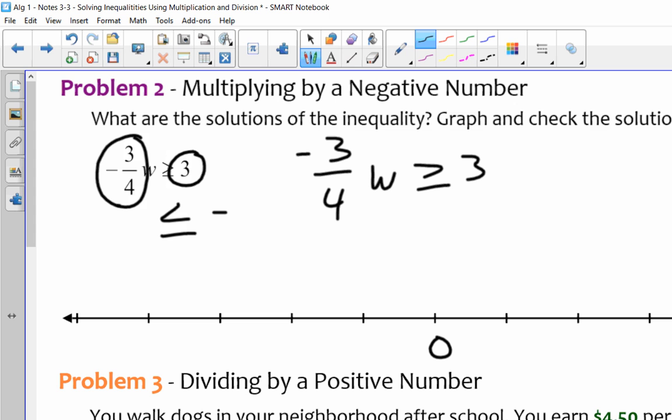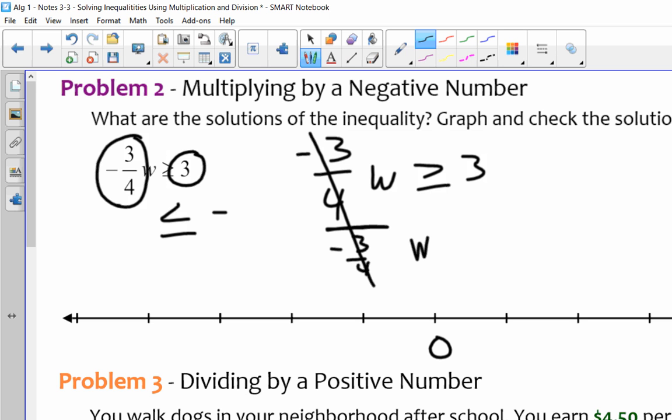Okay, now this one I'm going to rewrite it just because I made a mess over there. Now guys, you got to remember, this says multiplication now. It's -3/4 times W. I have to undo multiplication by division, so I'm going to divide by 3/4. Okay. Now over here, you divide something by itself, it just makes it go away. Okay. And I'm left with W, and I divided a negative by a negative, so the W becomes positive.